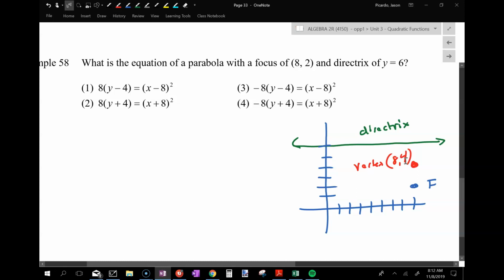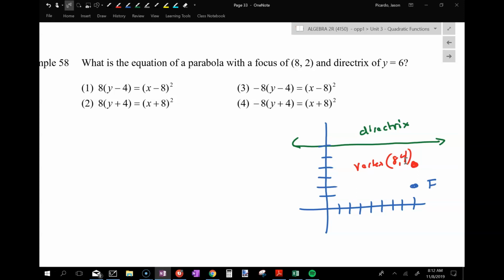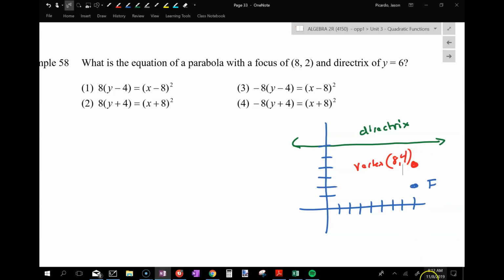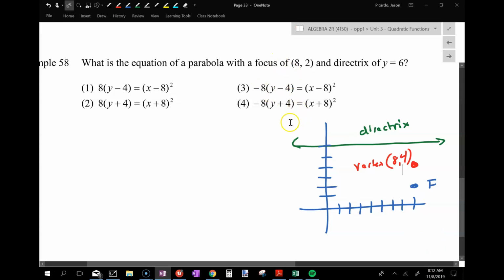I'm going to look for the equation that has an x minus 8 and a y minus 4, because it's like yesterday with the circles, right? The opposite signs. So do I have one with an x minus 8? Yeah, I have two of them, right? Both this one and this one. So it can't be this and it can't be this, right? And then I need a y minus 4. Well, I happen to have both of these having y minus 4s.